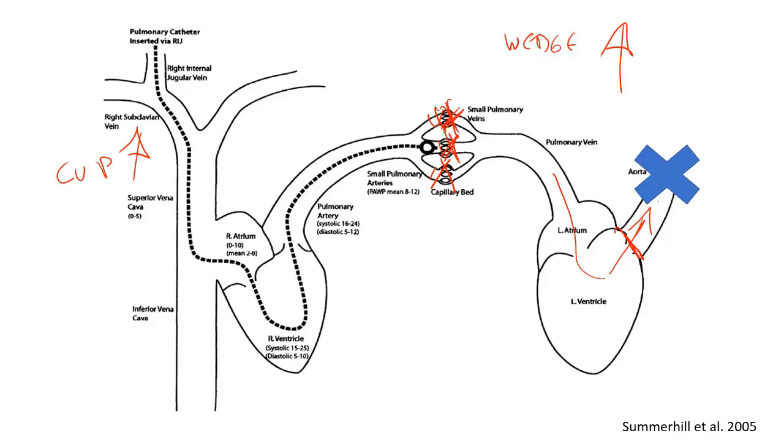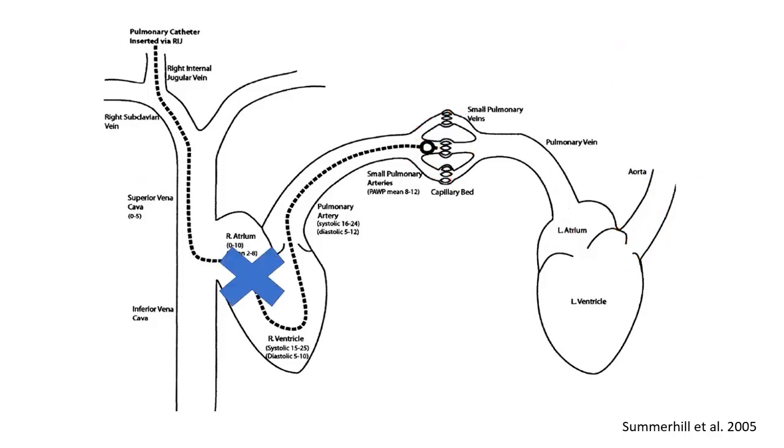So the wedge would be lower normal, right? The wedge didn't get affected because it's distal to that. I guess the graphical representation isn't that good. So let's say the obstruction is here and we're wedging down here. So that's why the wedge would be normal. And then the CVP may be high as pressure backs up into the CVP.